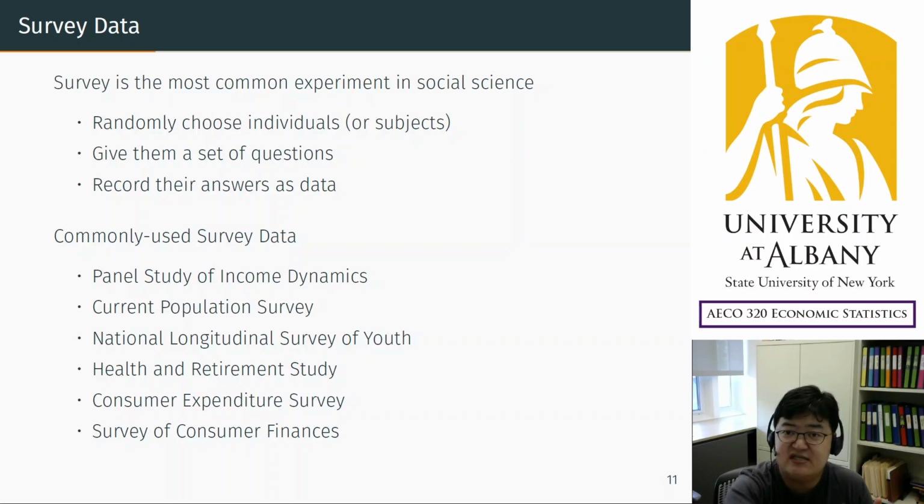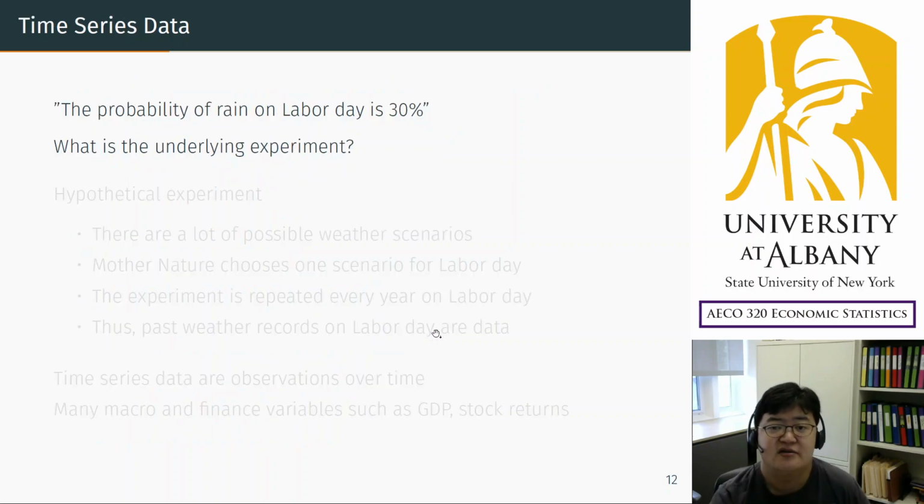These data sets are publicly available, and I'm giving you the list because if you're interested, you can use some of them. If you're interested in health insurance or retirement plans, then these data sets would be a good source of data, for example.